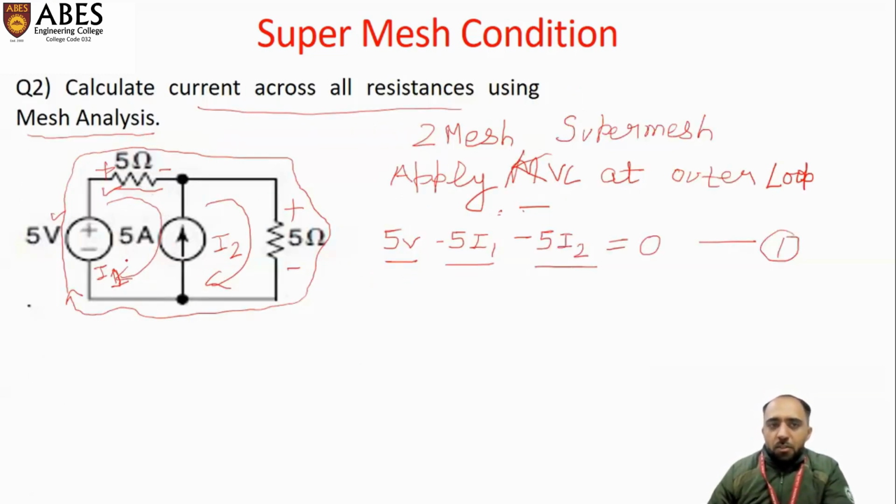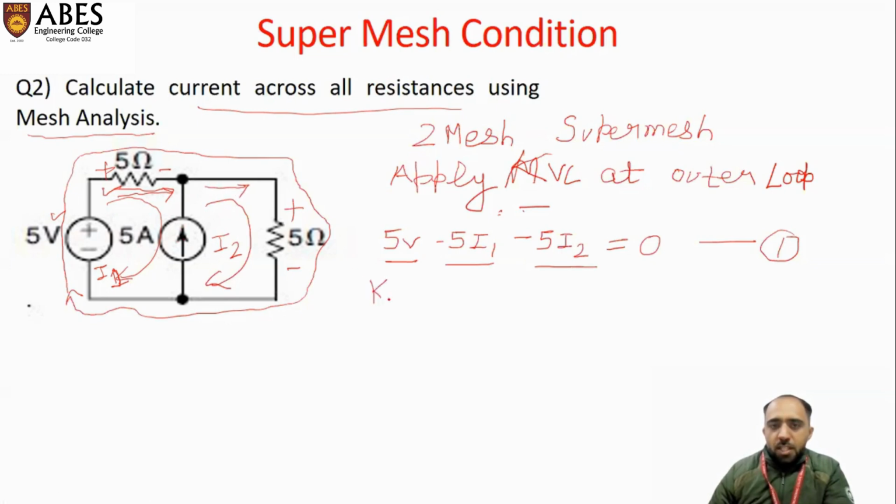So now I am going to use the KCL. I1 current is flowing in this direction, and 5 ampere is also coming in this direction. So I2 value will be I1 plus 5 ampere.